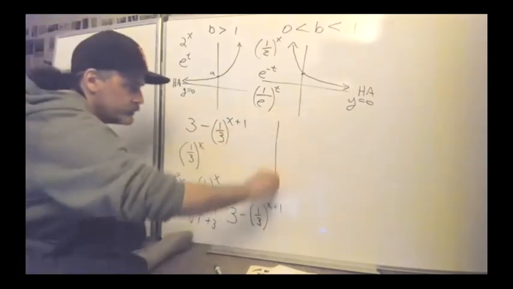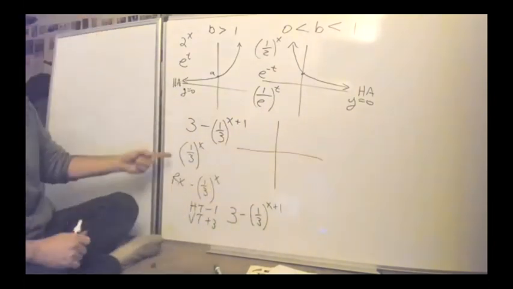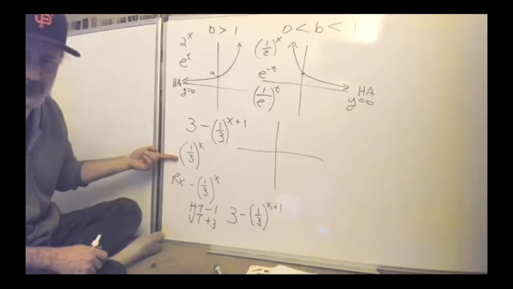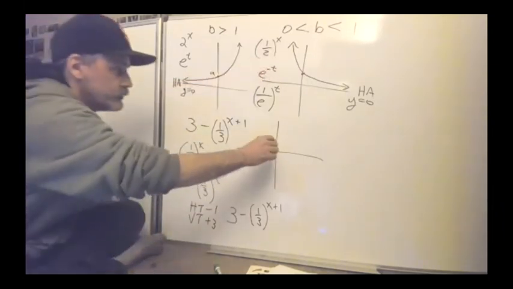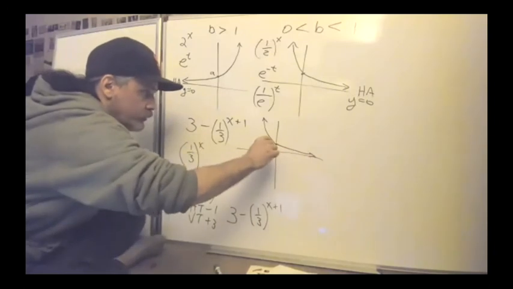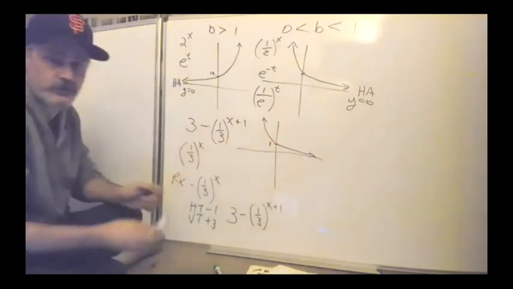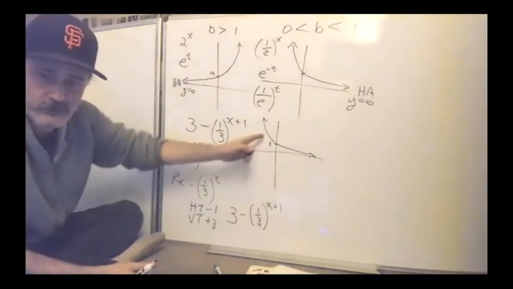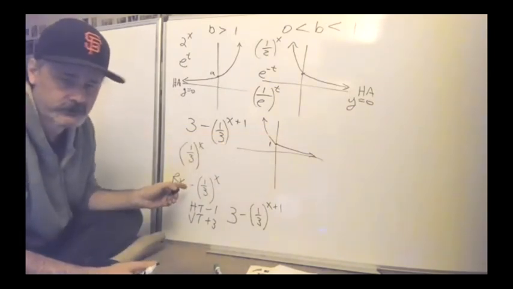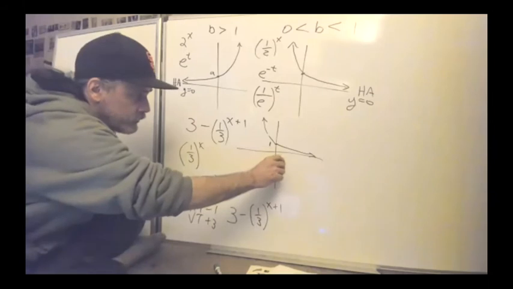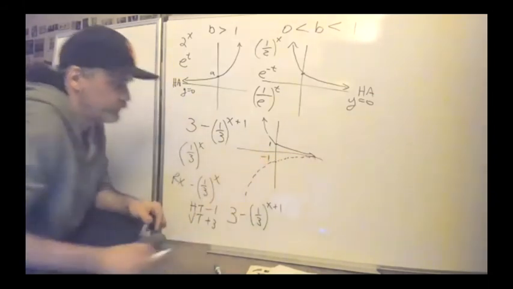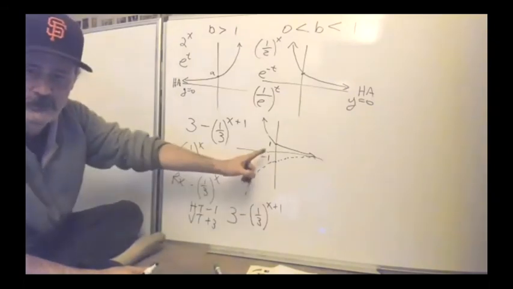All right, so our original function, the parent, and then the transformations. So here's our parent. It's that graph. Okay, and then that's 1. Horizontal asymptote is still y equals 0. Y-intercept is 1. Okay, now we reflect that across the x, so that's going to go here. And now the y-intercept is -1.